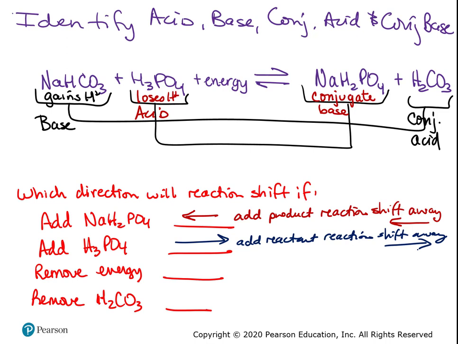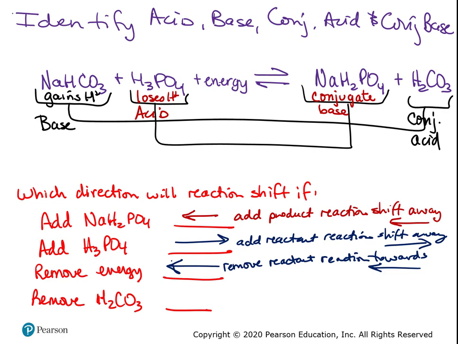Anytime you remove, the reaction shifts towards what I remove. So if I remove reactant, because do you see that energy is a reactant? Energy is on the reactant side. If I remove reactant, then the reaction will always shift towards whatever I remove. So it's going to go to the left.